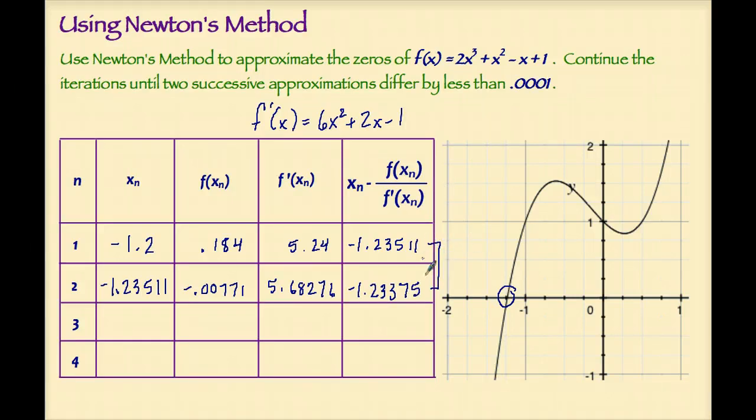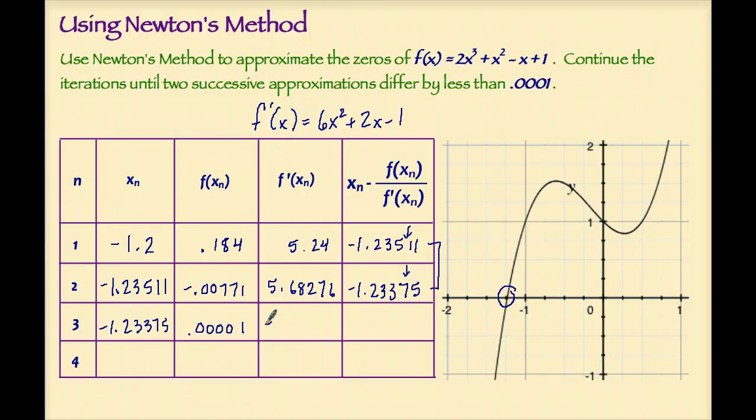Now let's examine these two approximations. Remember, we want them to be so close that they differ by less than 1/10,000th. Well, here is the 10,000ths place. We can see that they differ by more than 1/10,000th. So we need to do another iteration of this process using this approximation as our next x sub n, negative 1.23375. Our function value here is 0.00001. Notice how close this is to 0.